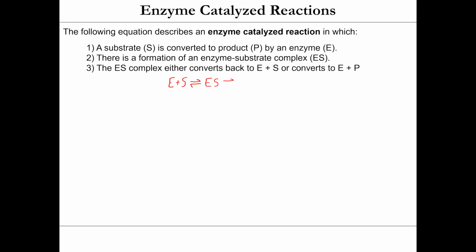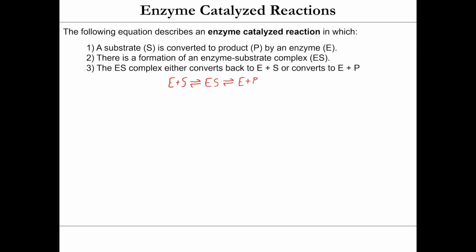And that enzyme substrate complex can either revert back to enzyme plus substrate, or it can be converted in a reversible reaction into enzyme plus product. So you have the substrate is converted into a product by the enzyme, and there's this formation of an enzyme substrate complex.